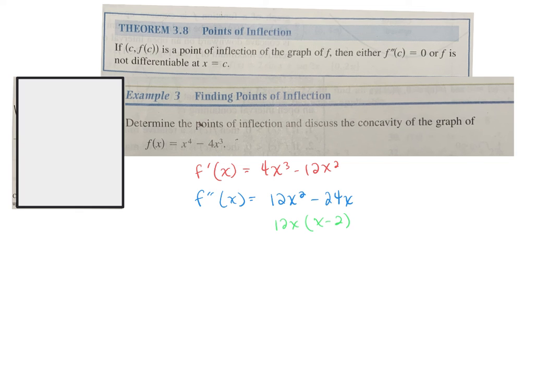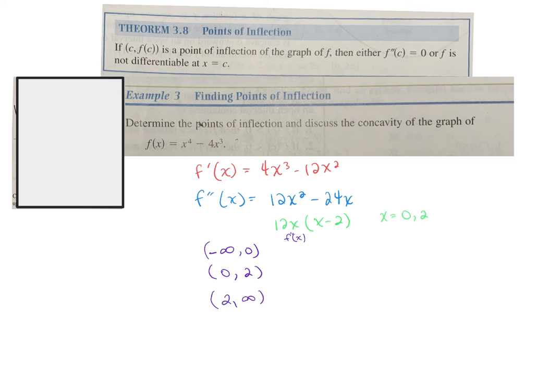So I have 2 points. It can either be at x equals 0 or x equals 2. And so I'm going to set up my intervals, negative infinity to 0, 0 to 2, 2 to infinity.